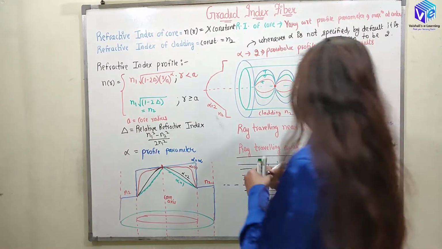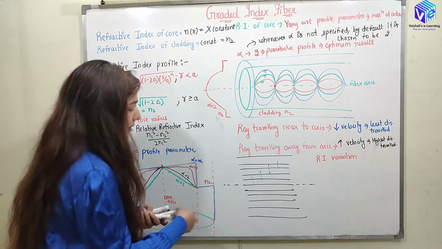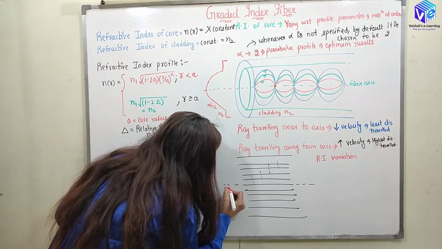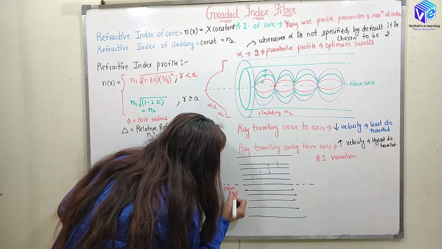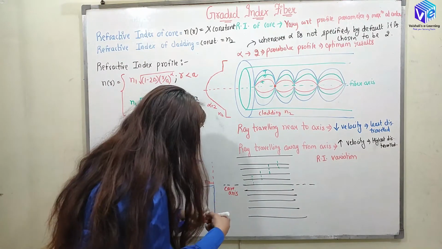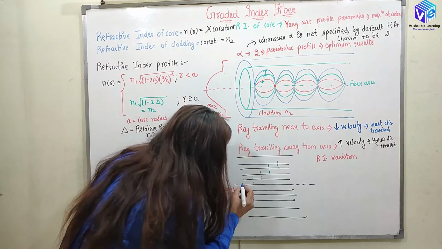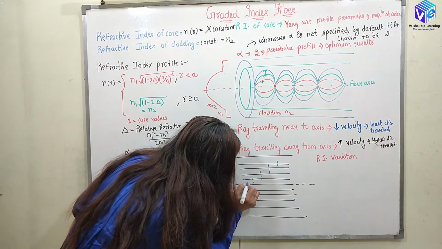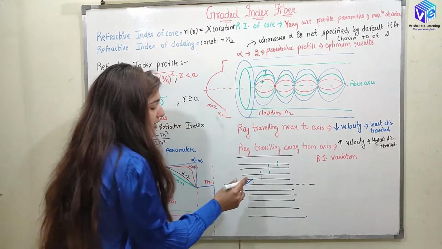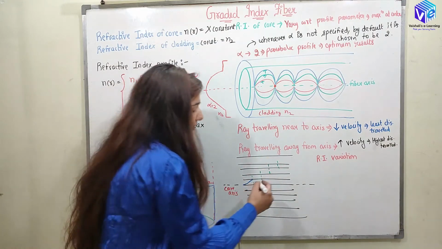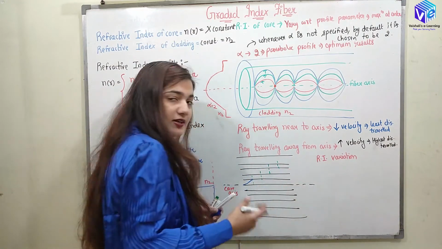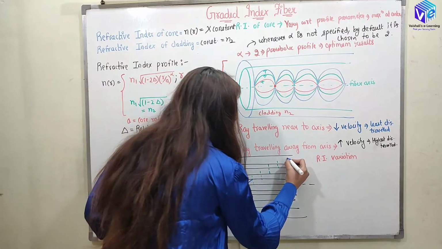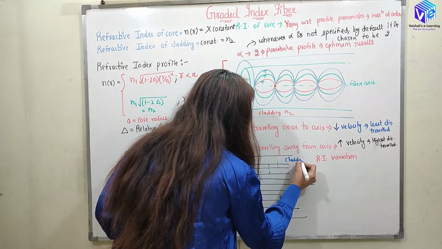Now what happens? This is the core axis. Now I am sending a wave over here. You can see the wave is inside this core, and as soon as it reaches a different refractive index, these layers represent the different refractive indices inside the core. This is my cladding, right?